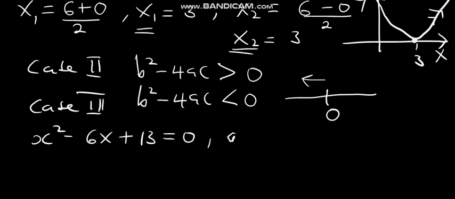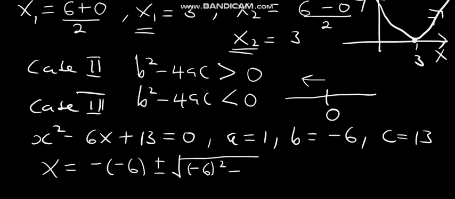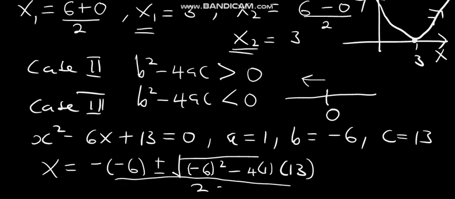Now our a is equal to 1, our b is equal to negative 6, our c is equal to 13, and x is equal to negative b, which is negative negative 6, plus or minus the square root of b squared, which is negative 6 squared, minus 4 times a, which is 1, times c, which is 13, all over 2a, and 2a is 2.